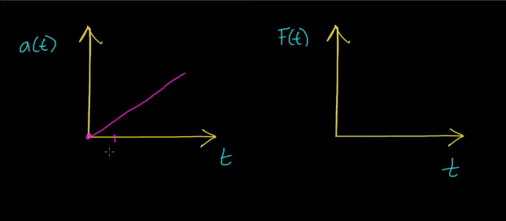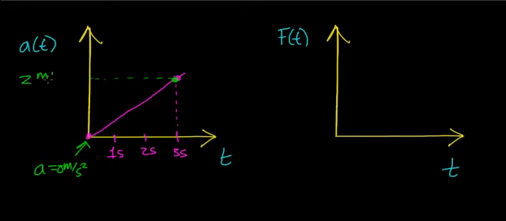So I'm not just going to be moving at a constant acceleration, my acceleration is continuously increasing. So let's look at, say, 1 second, 2 seconds, and 3 seconds. And let's say I want to know what the force is at this point here. Well, the first thing I'd have to tell you is what's the acceleration at that point. And let's assume that the acceleration starts at 0 meters per second squared, and it increases until it hits an acceleration of, say, 2 meters per second squared.